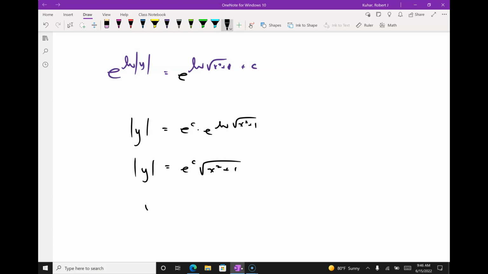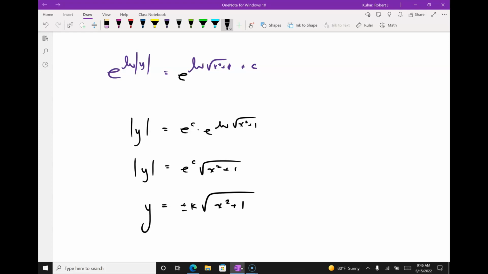And so then I can finally say, all right, this is y equals plus or minus some number times the square root of x squared plus 1. So there's the solution to my diff EQ. Of course, I should be able to check it like we did yesterday. We should be able to put it into the diff EQ and make sure it works.